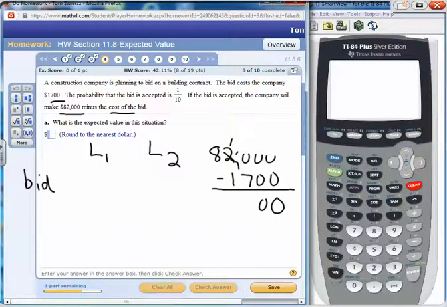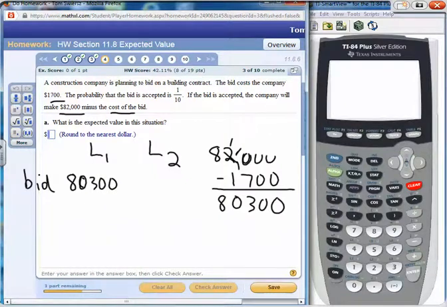Didn't have to borrow that much, right? So it would be $80,300. Obviously, you can do that on your calculator. $80,300. And we probably don't want to put commas in our calculator, so I'll just put 80300.